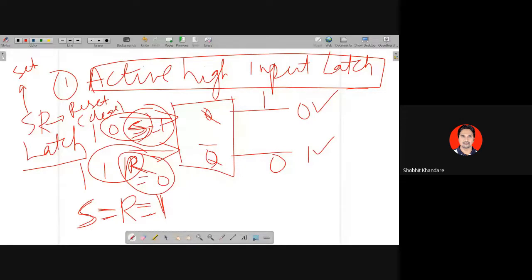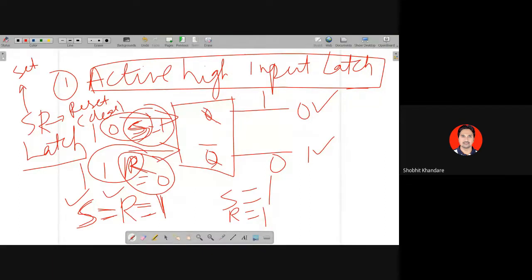Now if I want that my output of a latch should change, in that case, out of this S and R, out of these two, एक को आपको zero करना पड़ता है.